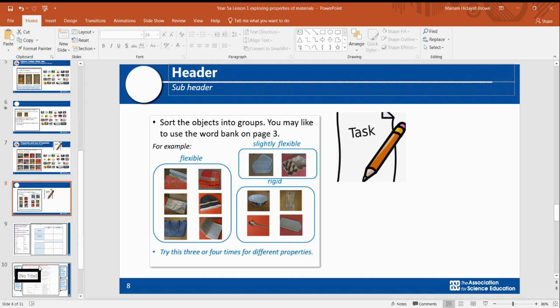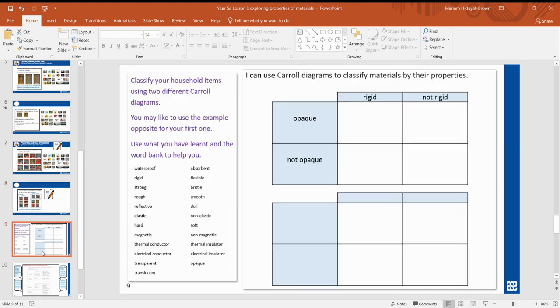So the next thing you're going to do now is think about creating a Carroll diagram to classify your materials by their properties. In order to do a Carroll diagram, you need to think about two properties by which you could compare. So for example, here I have chosen rigid and opaque.